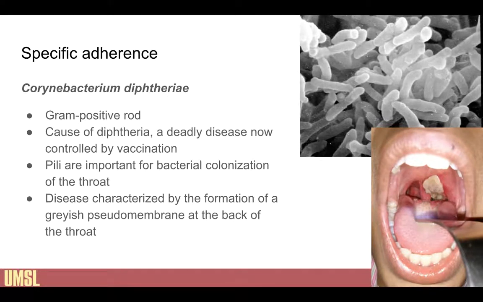It adheres, begins growing, and makes this pseudo-membranous biofilm structure in the back of your throat, growing over your tonsils, and results in this nasty cough. I used to play a video of somebody with a diphtheria cough, and I'm not going to subject you guys to it, but you can look it up if you want to.